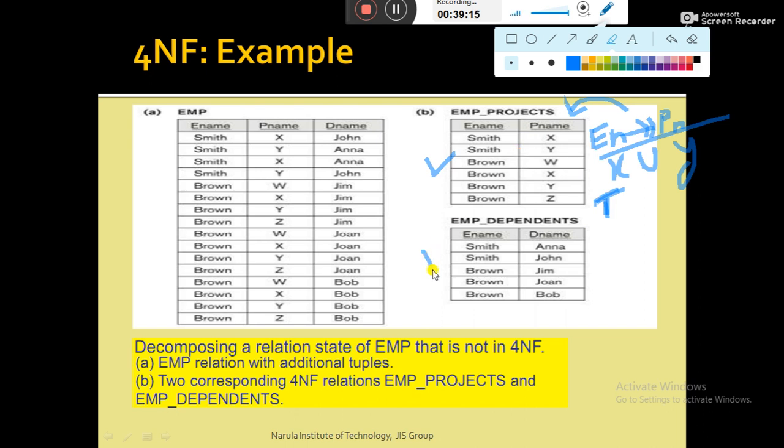Similarly, the same thing holds for EMP_dependent also: ename multi-determines dname, and that multivalued dependency is also trivial. So these two relations are in 4NF.